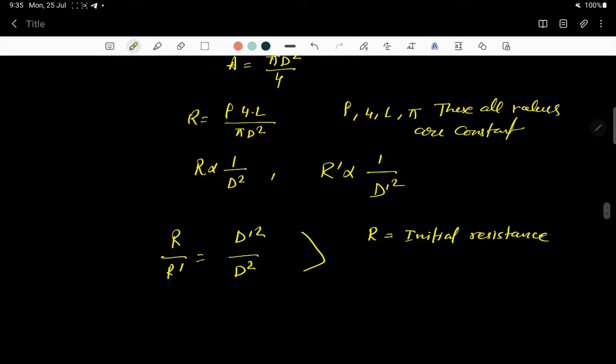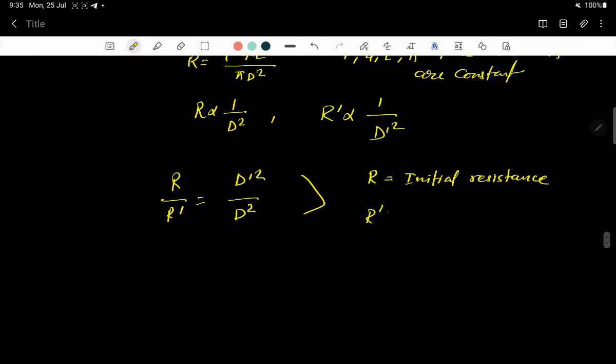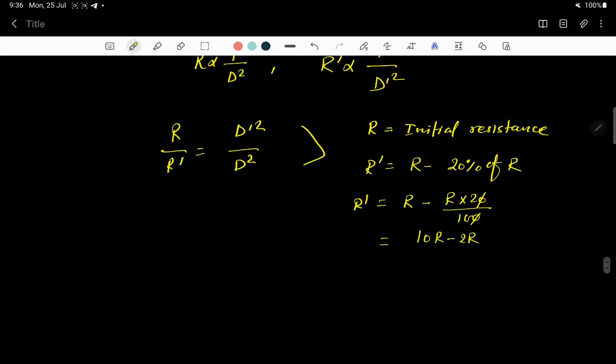So for R dash we can say that R dash is equal to R minus 20% of R. So we can write R minus R into 20 upon 100. So it will become 10R minus 2R upon 10.